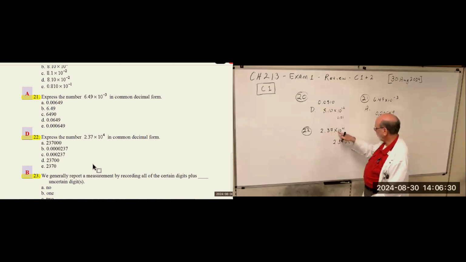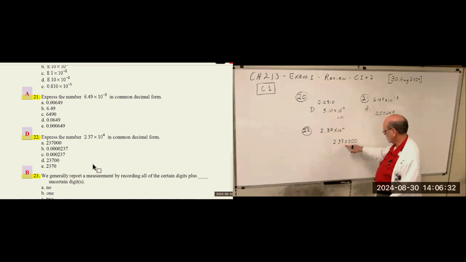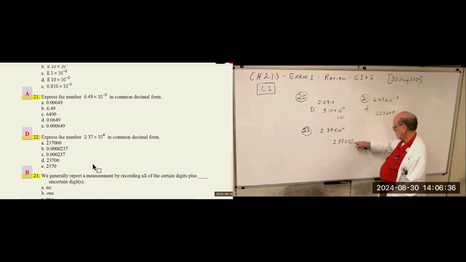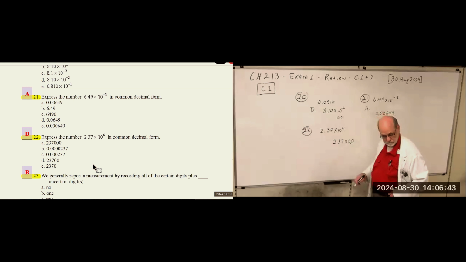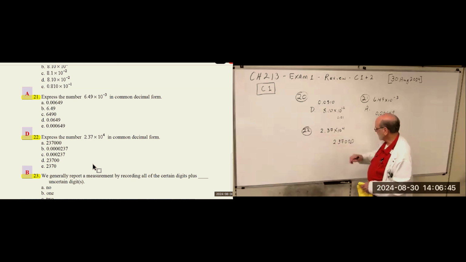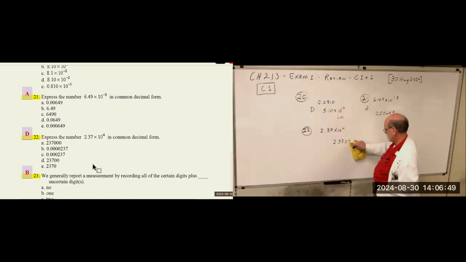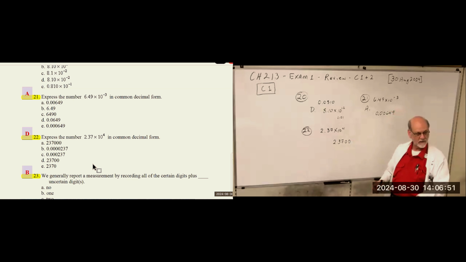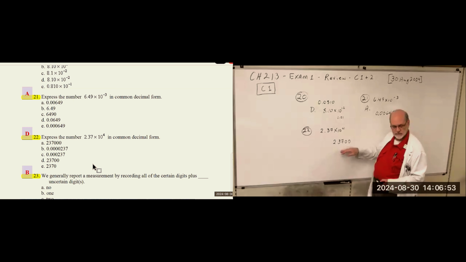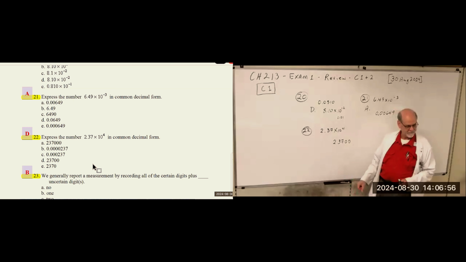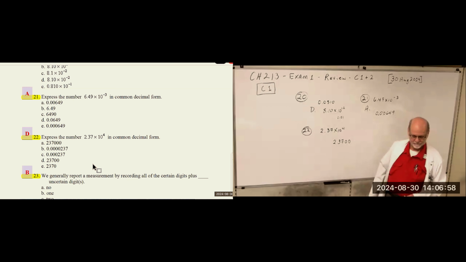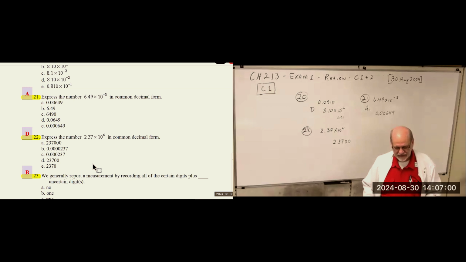We need to move 4 places, 1, 2, 3, 4. That's not right, 3 significant figures? I just gave it 6. There we go. Now we've only got 3 significant figures because there's no decimal in there. Trick question. D.